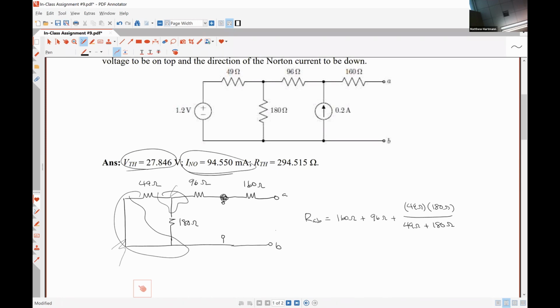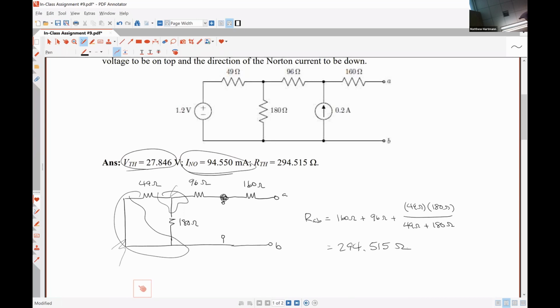And so just to check our answers, 160 plus 96 plus 49 times 180 over 49 plus 180 gives me 294.515 ohms. So if our Thevenin resistance matches what we got by dividing V Thevenin by I Norton, then we have not made any mistakes.